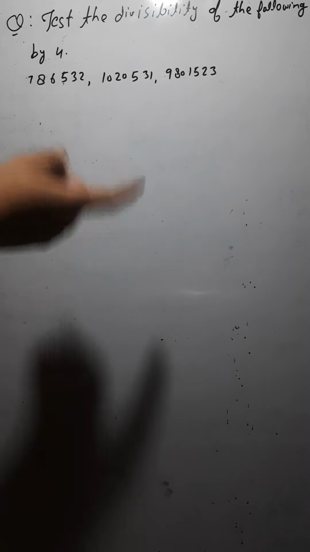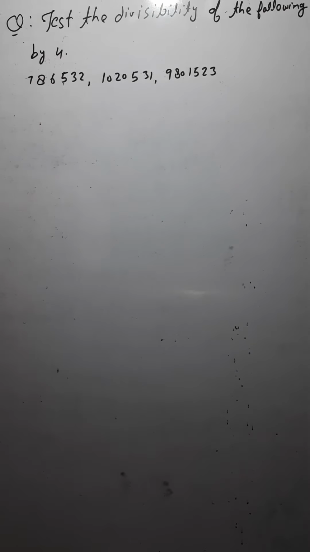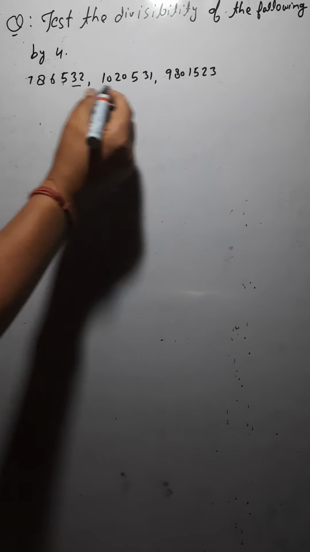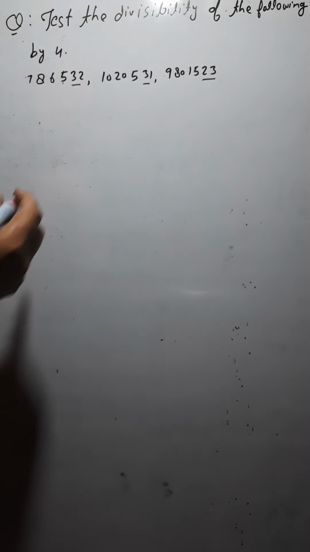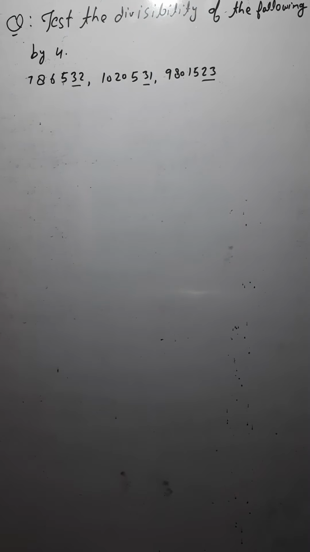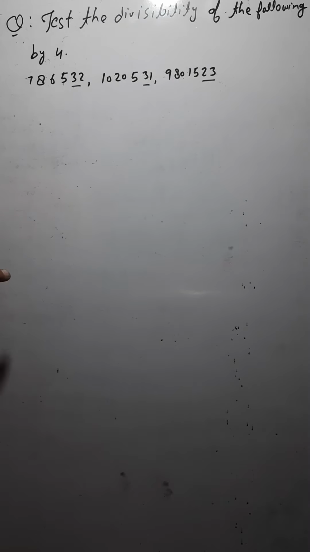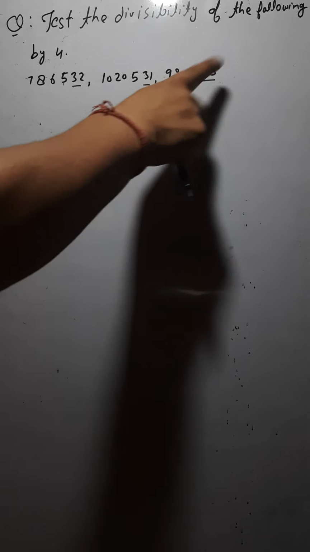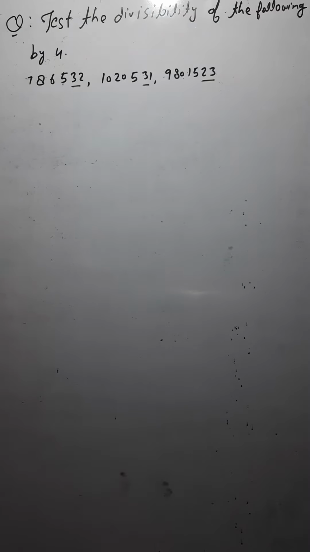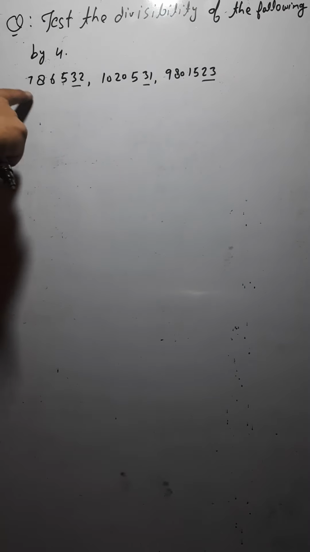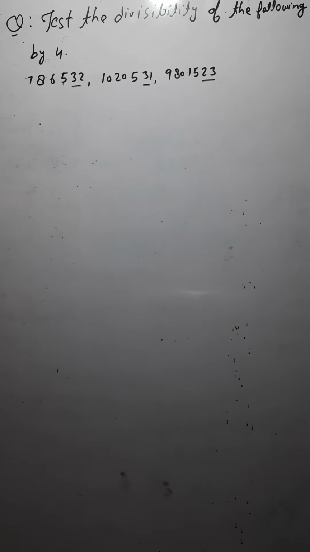Let me repeat again. If the number formed by the last two digits, these are the last two digits here, is divisible by 4, then the given number would be divisible by 4.